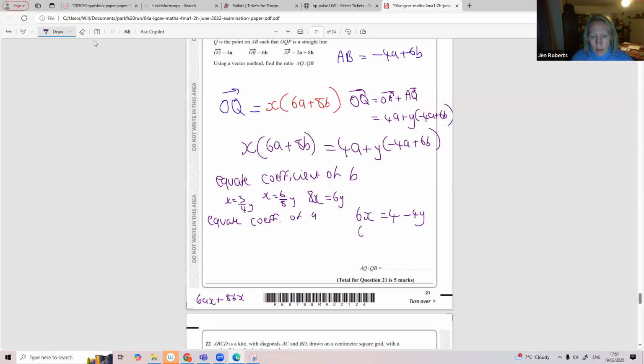So we know 6. No, I might do it the other way around. No, we'll do it like this. So 6 times 3/4 Y equals 4 minus 4Y. Right, let's multiply this out.